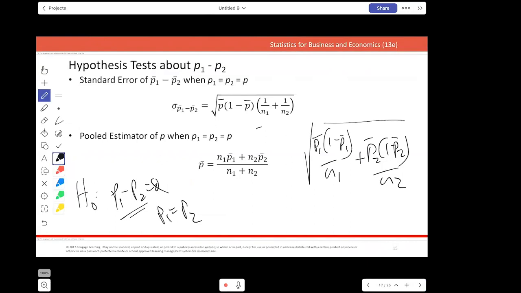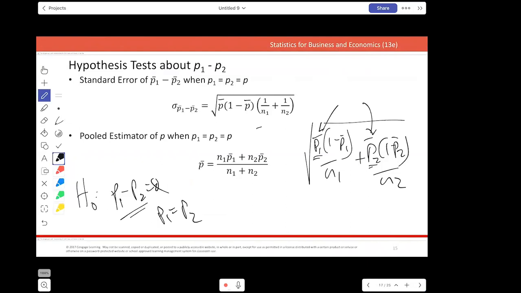If we're saying P1 is equal to P2, we cannot use 2 different estimates. In other words, when we have P bar 1 here and P bar 2 here, the chances are those 2 sample proportions are not the same.